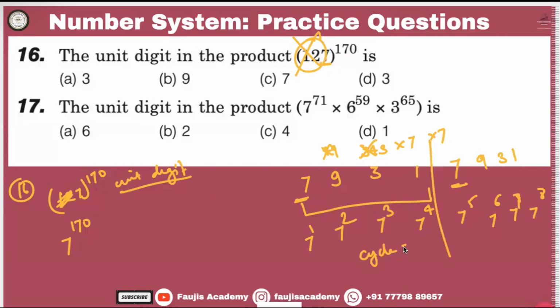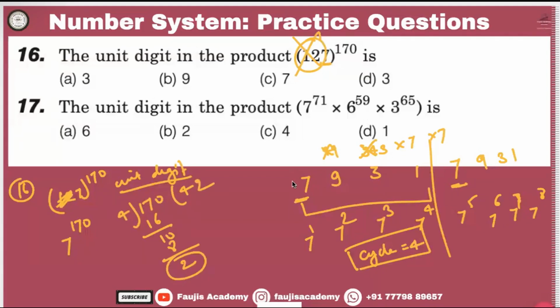Cycle means after how many values it is basically repeating. Cyclicity is 4, isn't it, guys? Yes, sir. So at 170, how many cycles of 4 will get over? 42 cycles will get over. Like 42 times this box will get over, right?